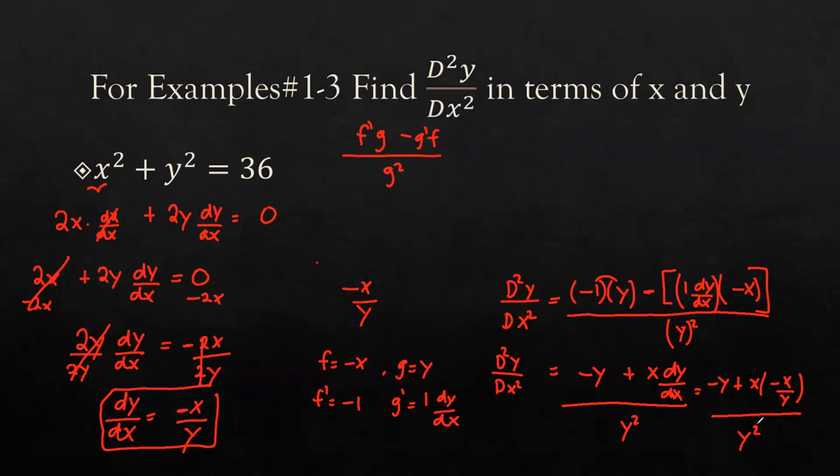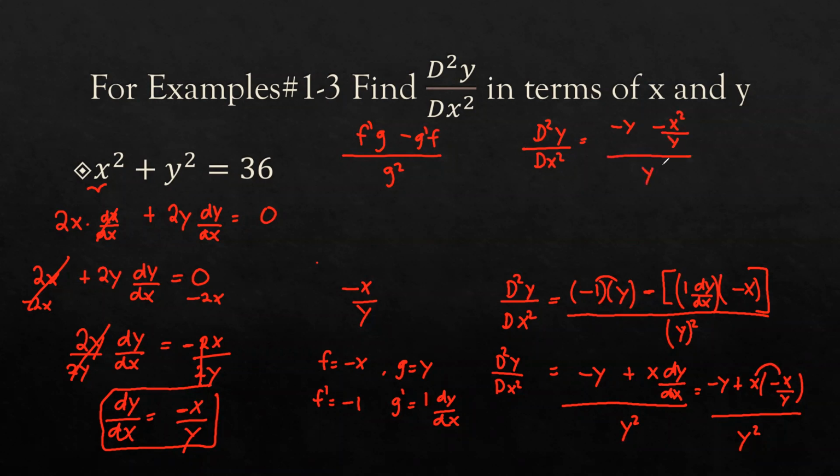Okay, so your final answer is going to be that d squared y over dx squared is -y, and then positive x times -x is -x squared over y, all over y squared.